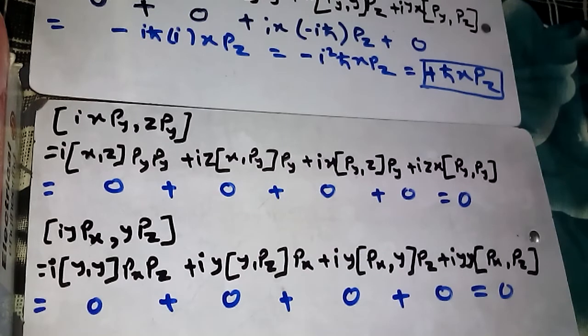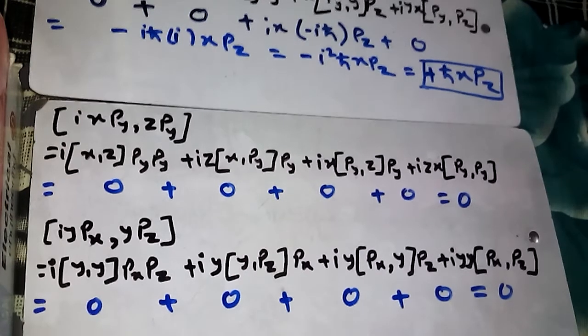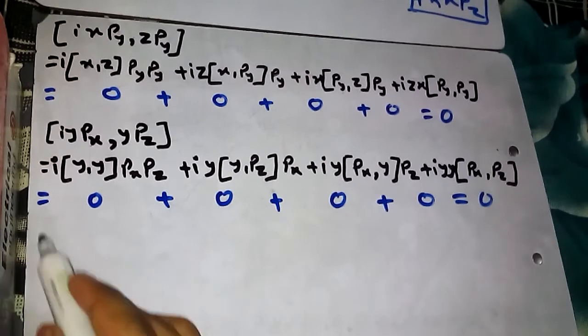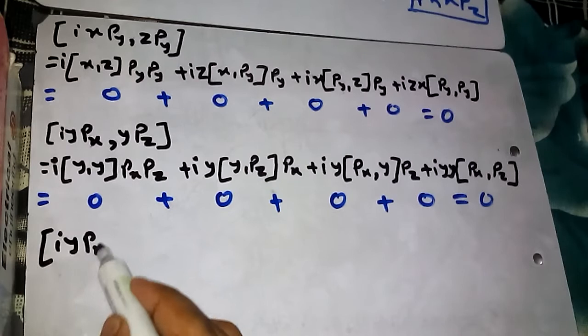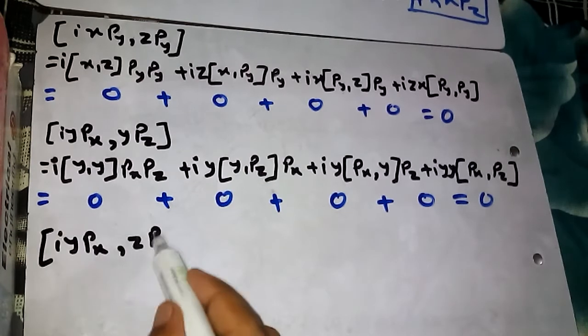Now let us go to the fourth commutation relation, and that is, I will directly write down the fourth one: [y p_x, z p_y].